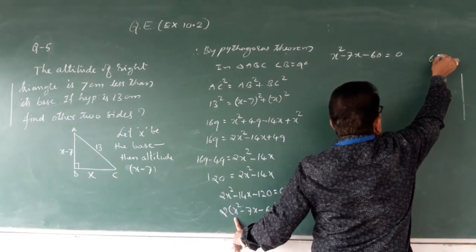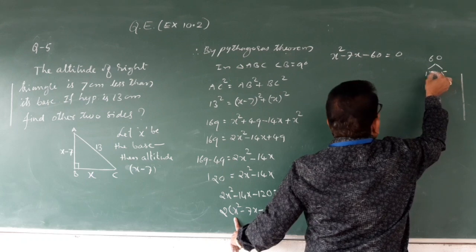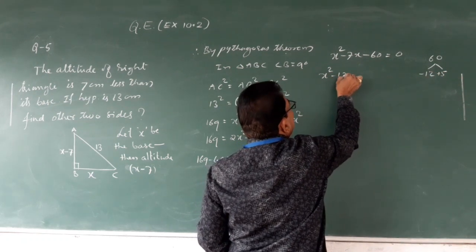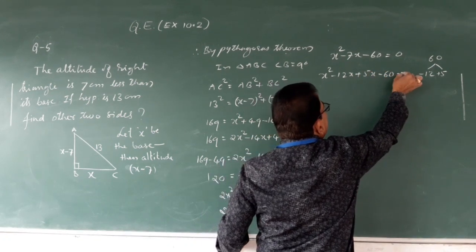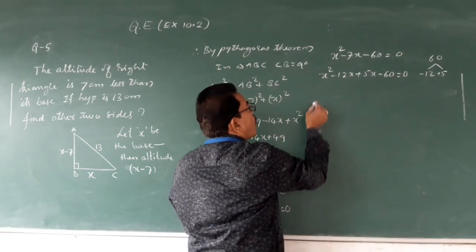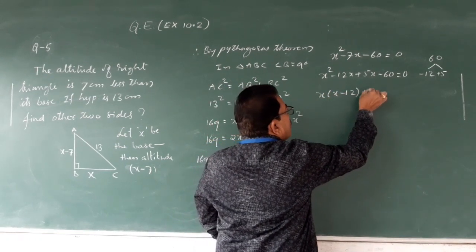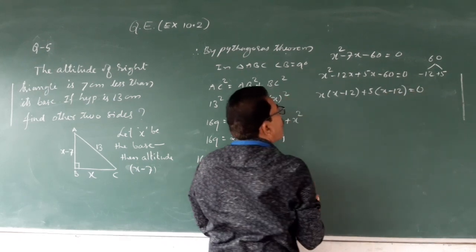Now 60 can be split into 12 5s, that is minus, plus. Okay, x square minus 12x plus 5x minus 60 equals 0. Take x in the bracket, x minus 12, plus 5 in the bracket, x minus 12 equals 0.